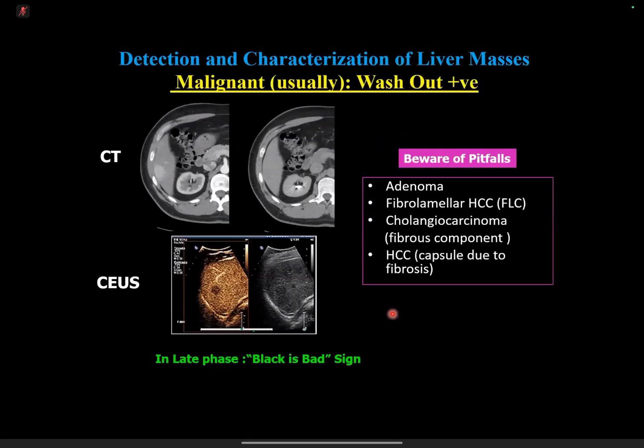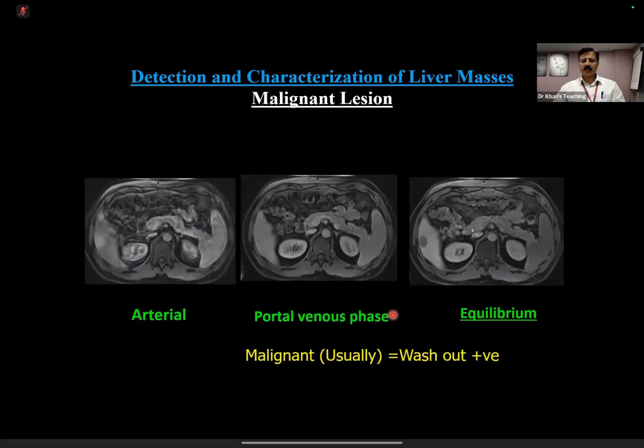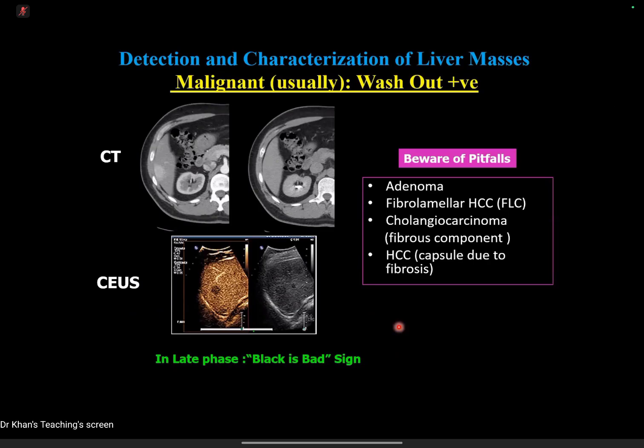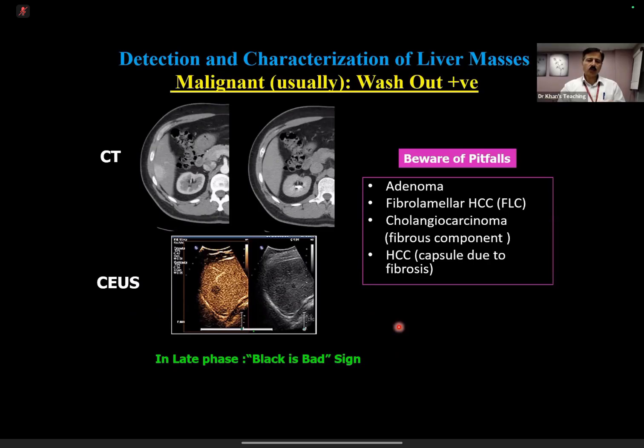Right. So candidate 2, what have we learned about? I'll ask you 2 questions. General principles. If there is hyper-enhancing, arterially hyper-enhancing lesion and it loses contrast on venous phase, benign or malignant?